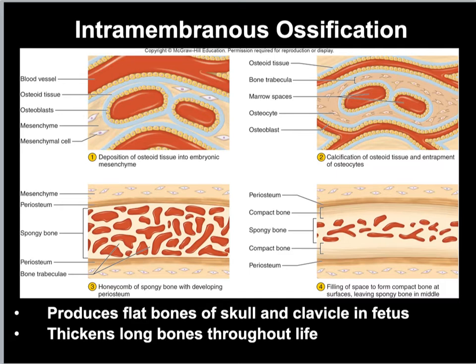When that osteoid tissue calcifies, it will trap the mesenchymal cells inside of it, and those mesenchymal cells will develop into osteocytes. So we have our osteocytes that are trapped in lacunae inside of our now mineralized or ossified bone trabeculae, the first bone trabeculae that was laid down.